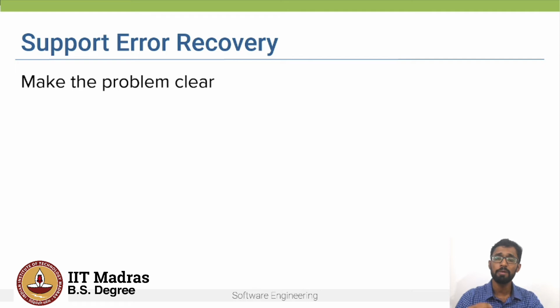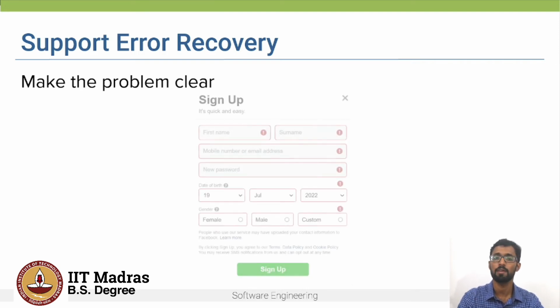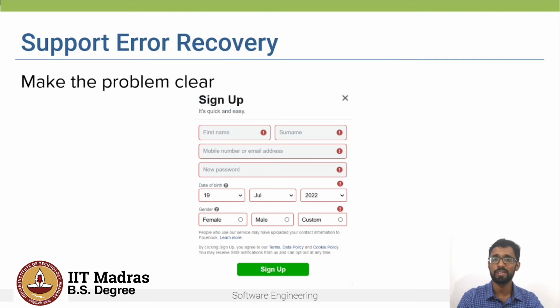Users might be interacting with your UI for the first time, and it is essential that you specifically mention what the problem is. For example, this is the Facebook sign up form. Here a user has clicked on sign up without entering any of the details, and each of these fields is highlighted in red. Thus the interface makes the problem really clear for users.